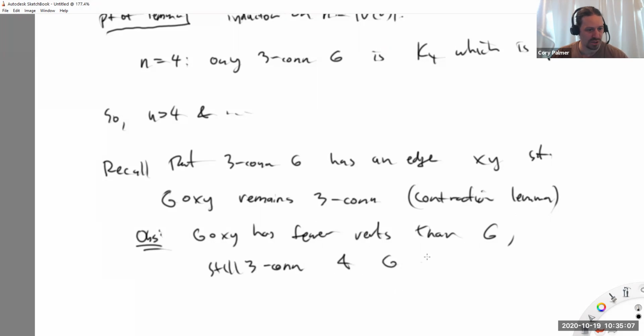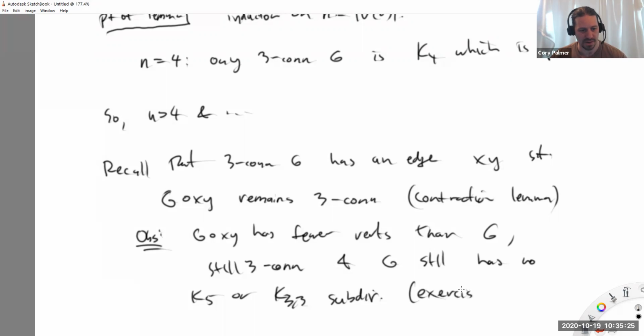And G contract xy still has no K5 or K3,3 subdivision. Okay. We already discussed this in some sense, but actually I'm going to leave thinking about this as an exercise, okay? And actually this is stated as an exercise in the notes there.